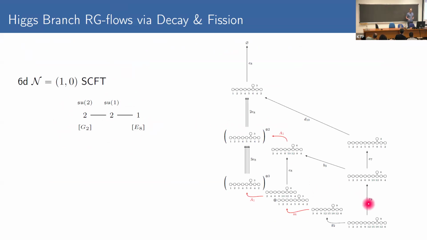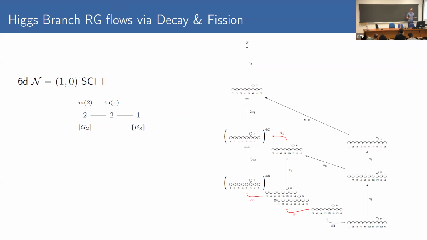And then the only thing that I need to show you is that this is the starting magnetic quiver. Then you unleash what you know from decay and fission, and you get this diagram. This diagram is, if you just think about the magnetic quiver, the Coulomb branch Higgsing of that 3D theory. That's what it is for now. And then we can translate it back into what happens on the 6-dimensional side. And for this, of course, it's very helpful that we know where the theory comes from and how we constructed it.